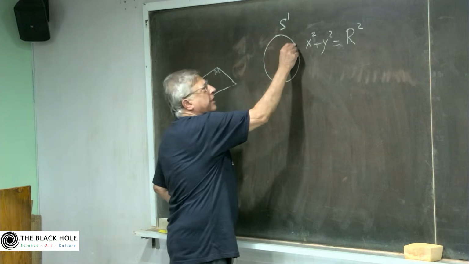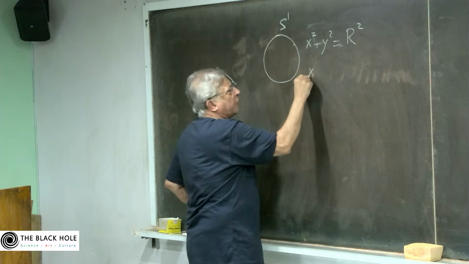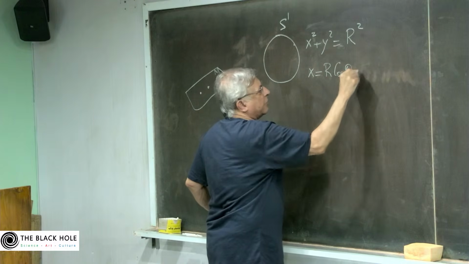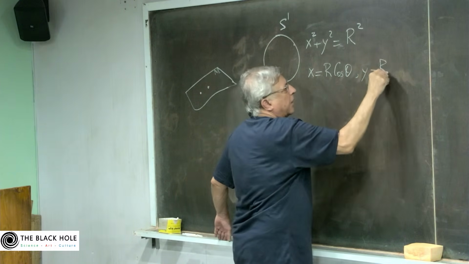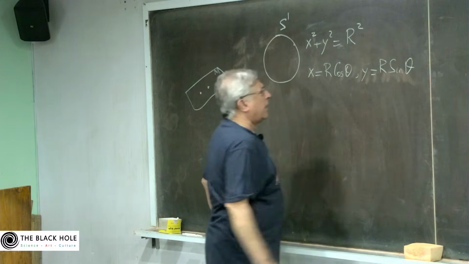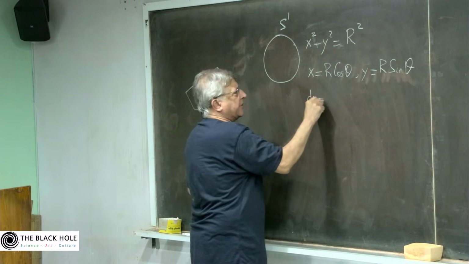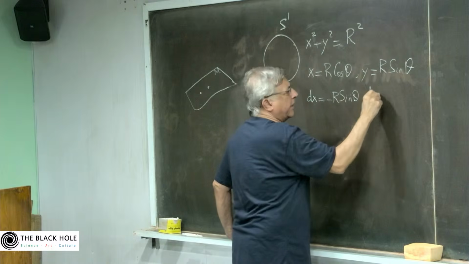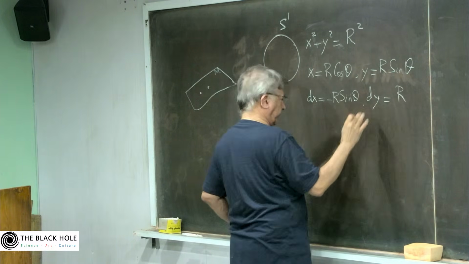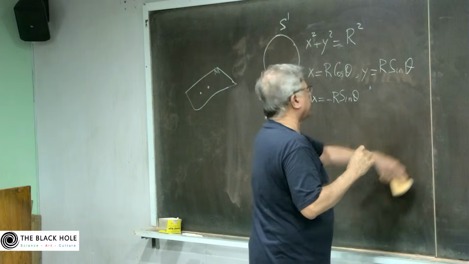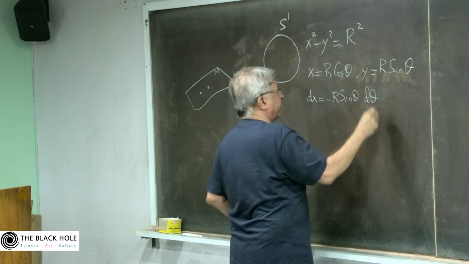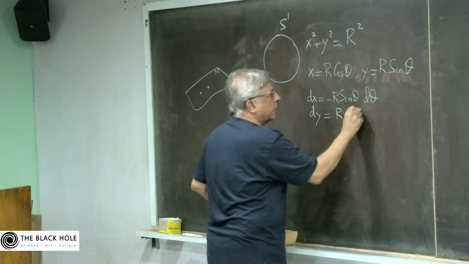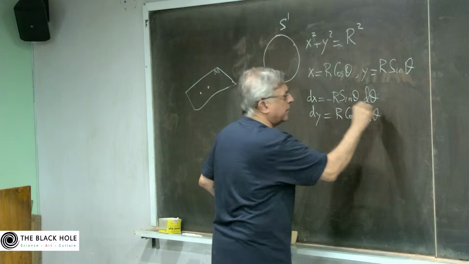So if you are here, then you can write x is equal to r cosine theta, y is equal to r sine theta, and then obviously dx is equal to minus r sine theta d theta, and dy will be r cosine theta d theta.